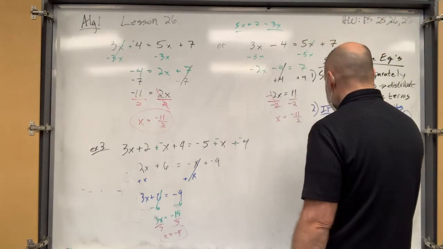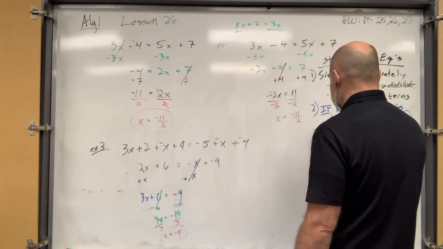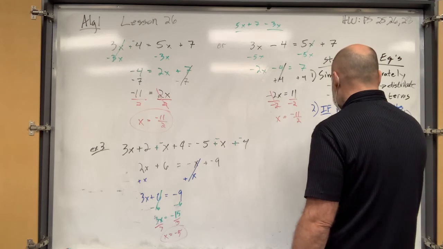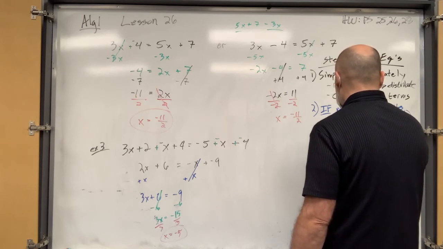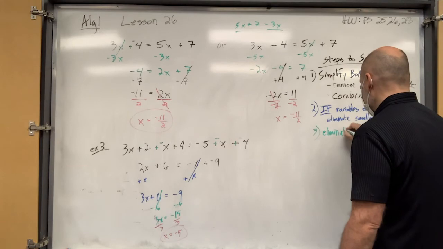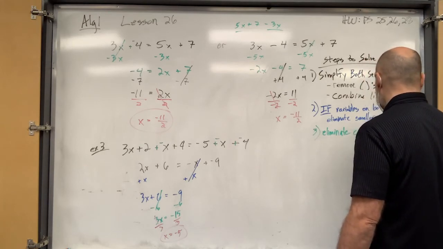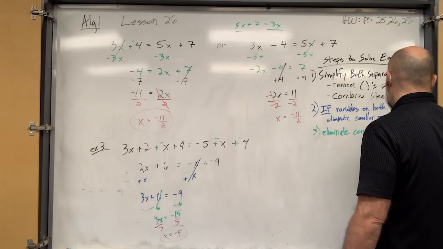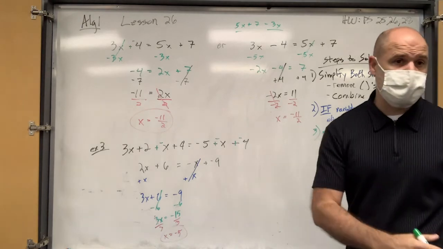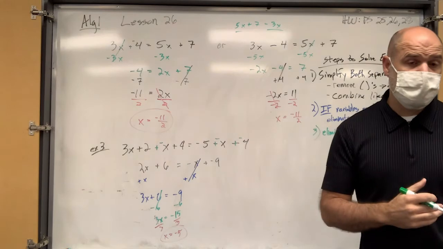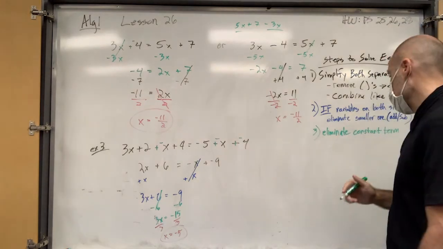If you have a constant on the variable side, which most of the time you do, we're going to eliminate constant from variable side. The constant term is always added or subtracted. So to get rid of it, you're going to subtract or add it, right?